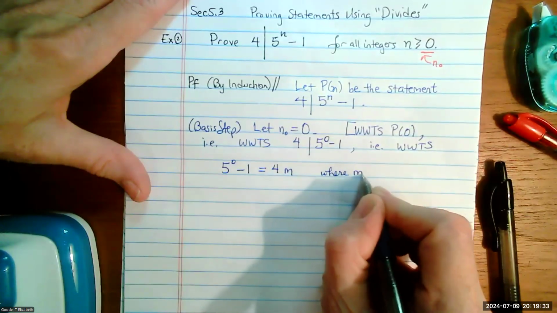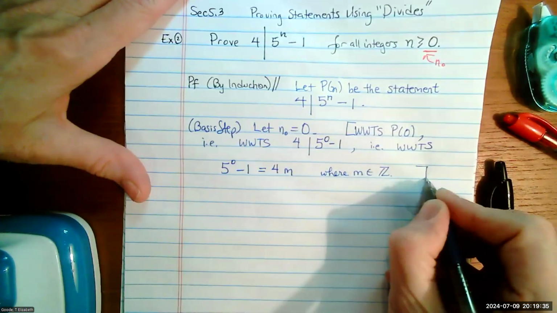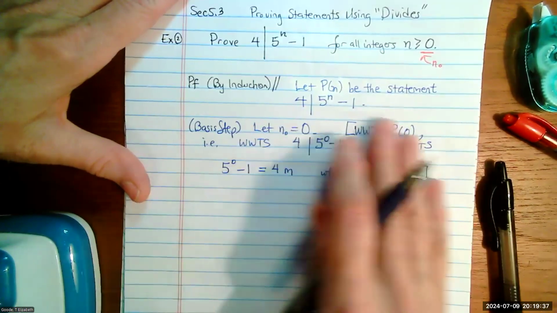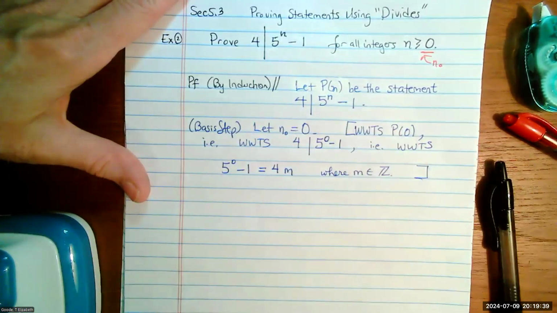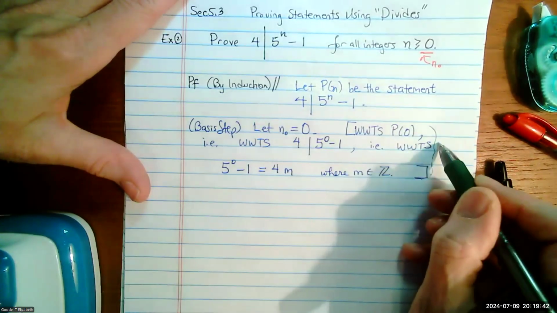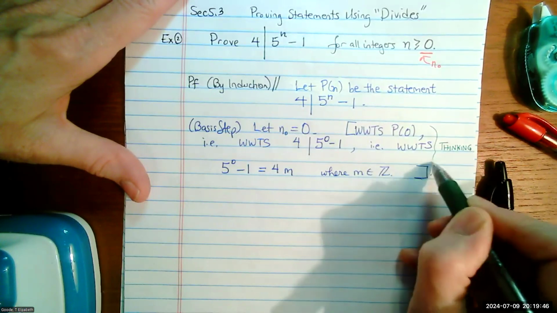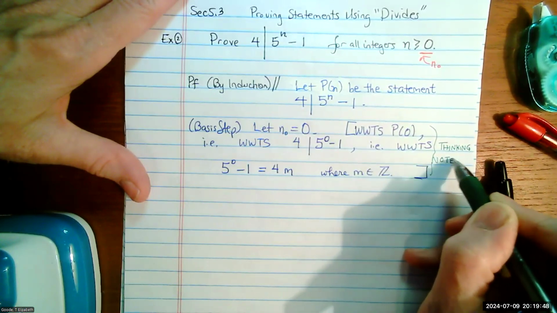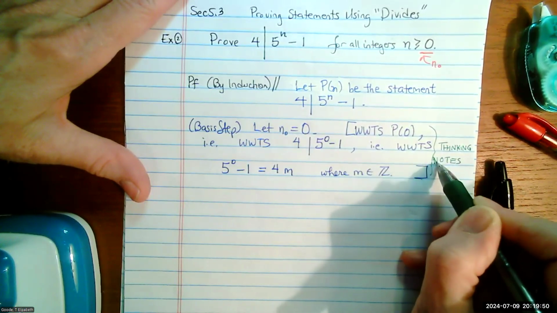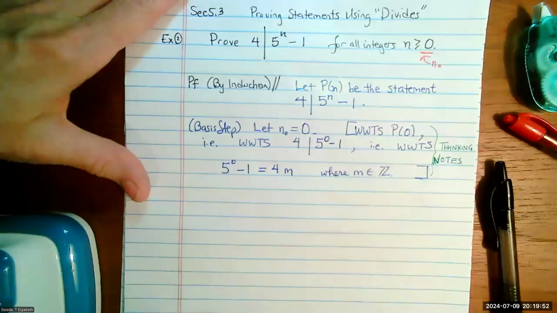It's equal to 4m, where m is in Z. Definition of divides. This is all my wish. This is all thinking notes. This is not part of the proof. This is thinking notes, and it doesn't count. It's like it never happened in terms of the compiler, folks.